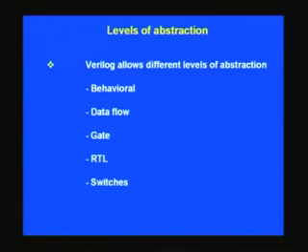Verilog allows different levels of abstraction as such. One is behavioral. What we have already seen, the if then else structure and while, for, all those things would form behavioral. And there is another structure called data flow structure. This basically concerns the flow of data from one place, one register, to another and so on. And we will see quite many examples as we progress.